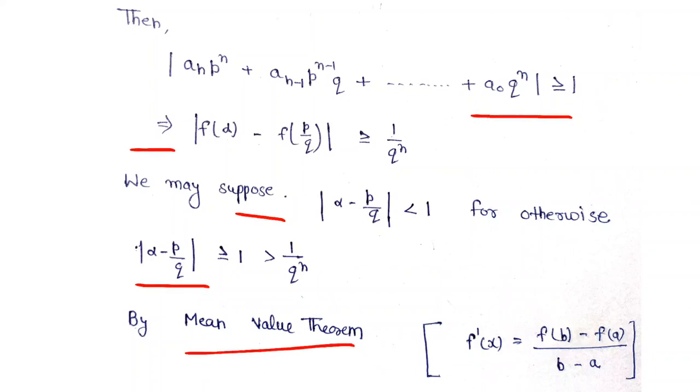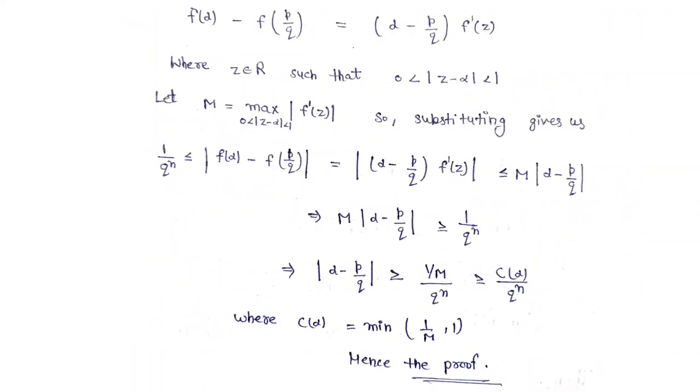By the mean value theorem, f of alpha minus f of p by q equals alpha minus p by q into f dash of z, where z belongs to R such that 0 is less than mod of z minus alpha, which is less than 1. Let capital M equal the maximum of f dash of z, where 0 is less than mod of z minus alpha less than 1.